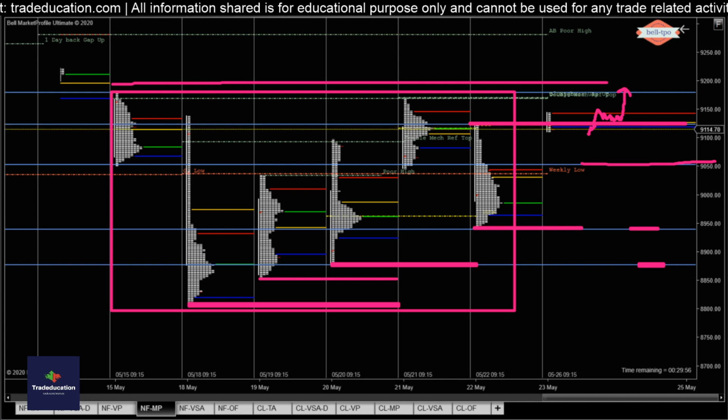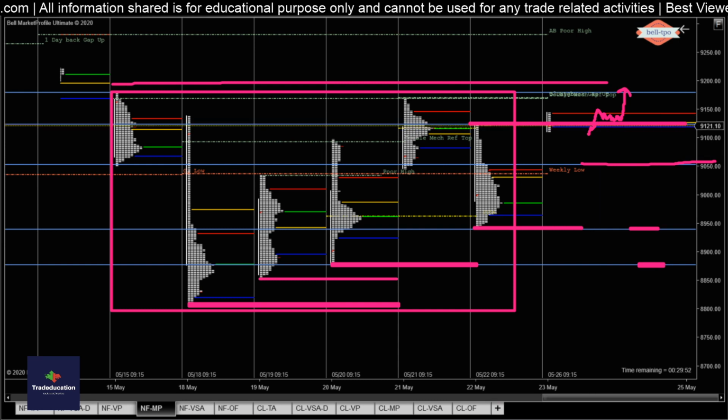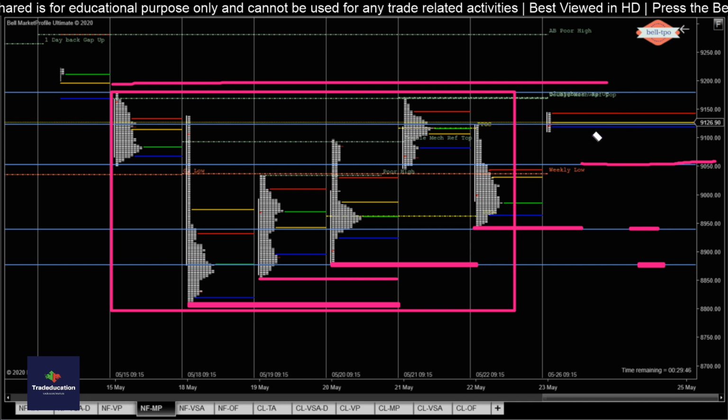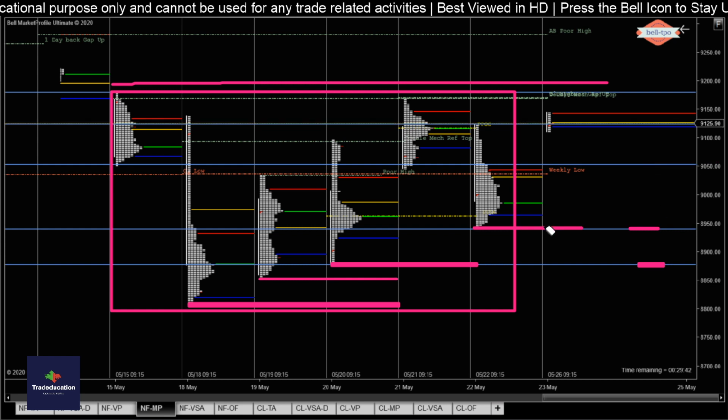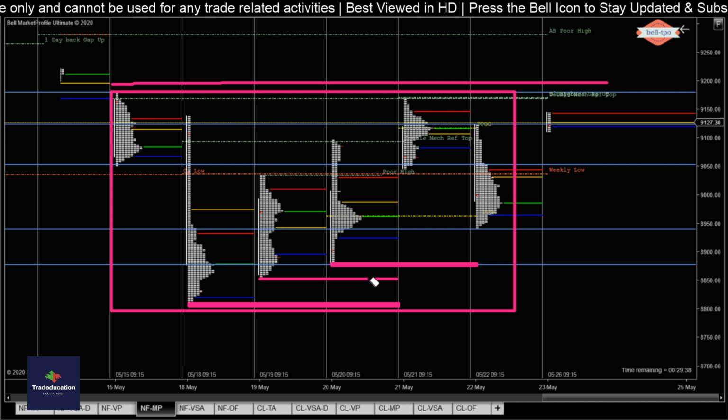Now if you see, the Nifty has opened around the highs. Let me clear all these levels.